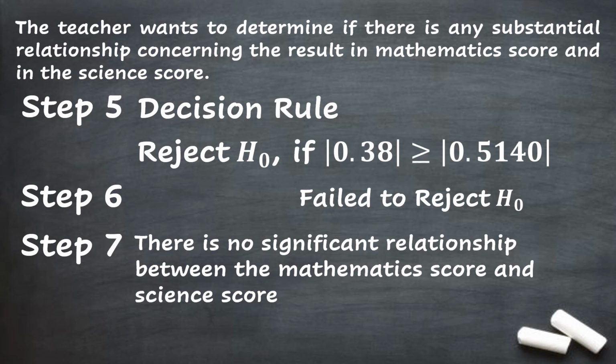And to verify if we really don't have any relationship for these two variables, we have to check the level or the degree of the relationship between these two variables, just to verify if in the degree there the result will also be there's no relationship for these two variables.